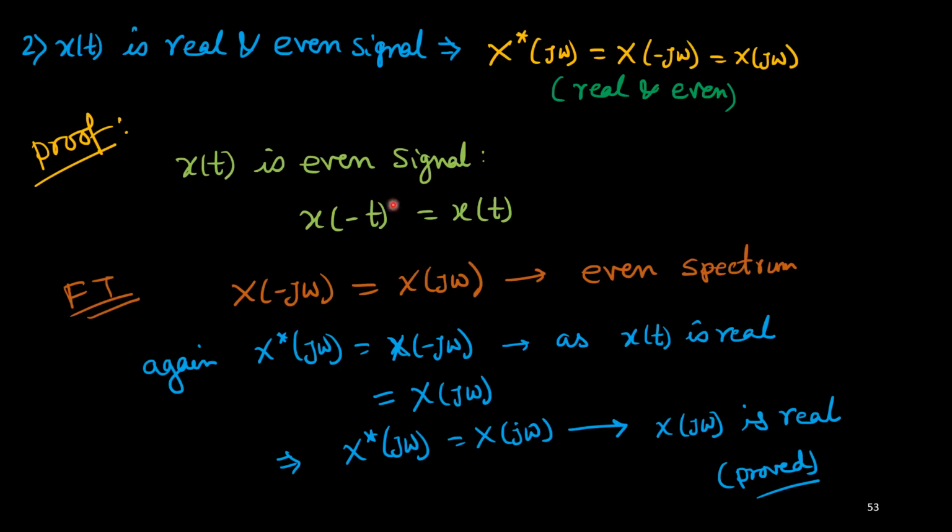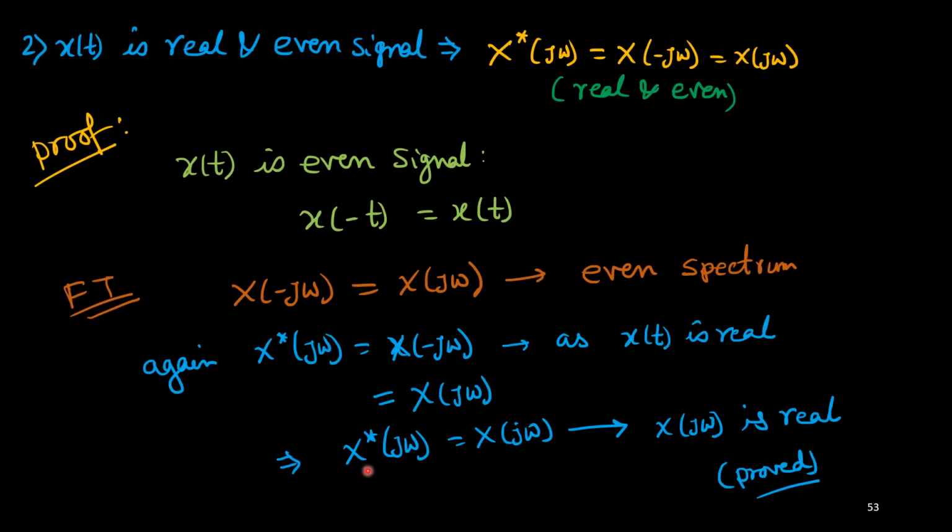Now as it was real, obviously it will show the conjugate property. This capital X*(jω), we have already proved, is capital X(−jω), since x(t) is real. And X(−jω), you have already got as capital X(jω). So capital X*(jω) is the same as capital X(jω).